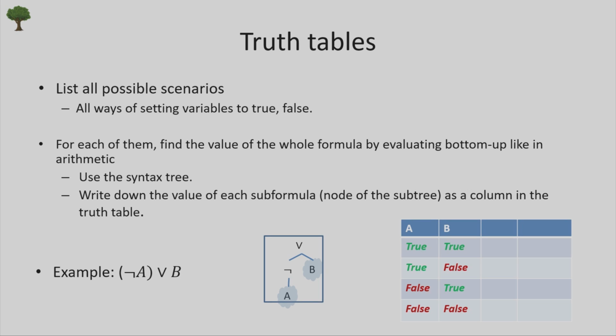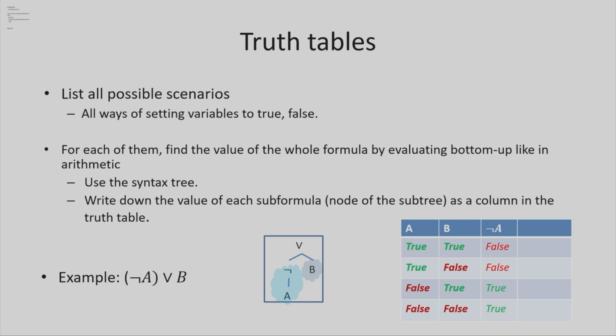OK, so now let's try to evaluate the formula. The first thing that we can do, the only thing for which we know all the values of things underneath it, is the negation in not A. So let's do not A. That's really easy to do because we just take the column for A and in every cell write the opposite value.